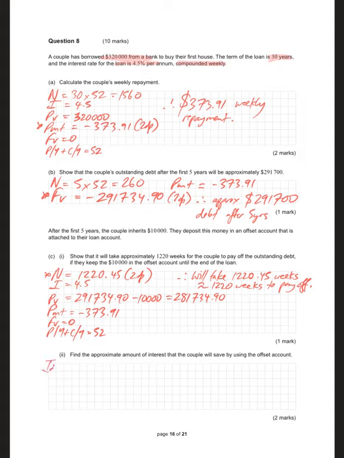So interest by default: if they paid off the loan normally, the interest would be 1560 times 373.91 minus the loan, which was 320 grand. 1560 times 373.91 minus 320,000 is 263,299.60 interest if they just paid off the loan normally.